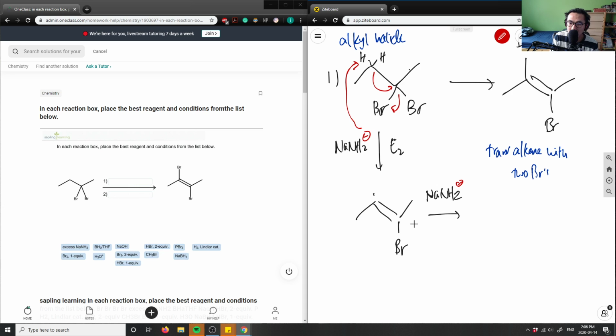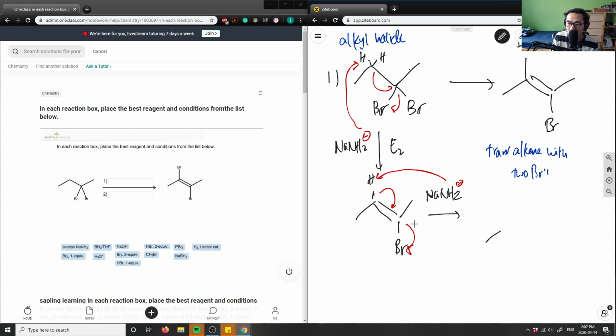This minus here is going to attack this H here, which then eliminates this bond and kicks out this bromine, right? So now I'm going to get an even different molecule.